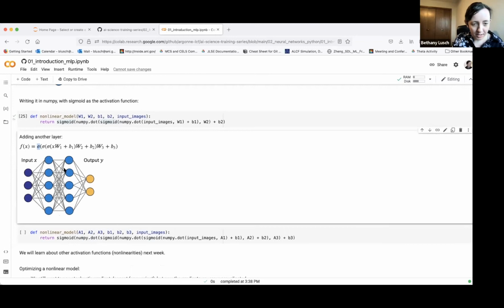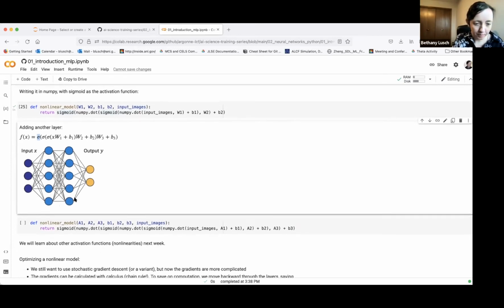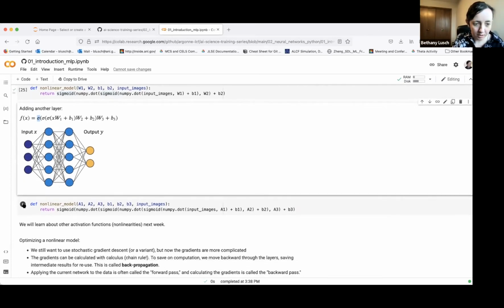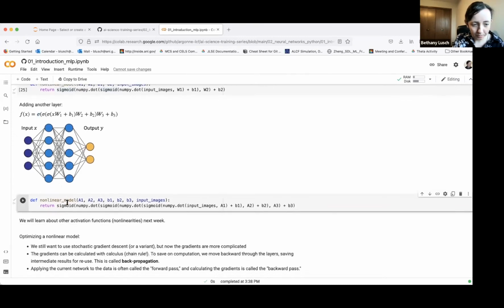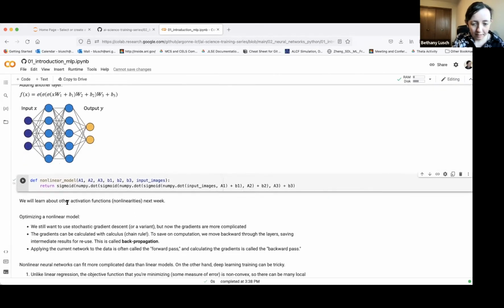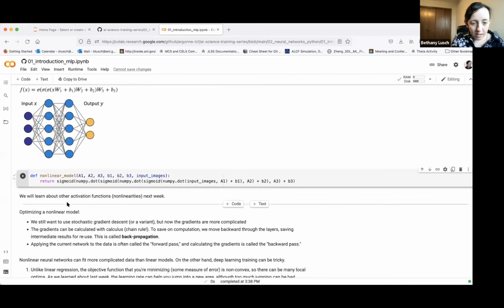And in a drawing would be like having another column in our network, which people call a layer. And here's what it looks like with Python. So here we're talking about sigmoid being the nonlinearity, but next week we'll talk about other activation functions besides sigmoid.